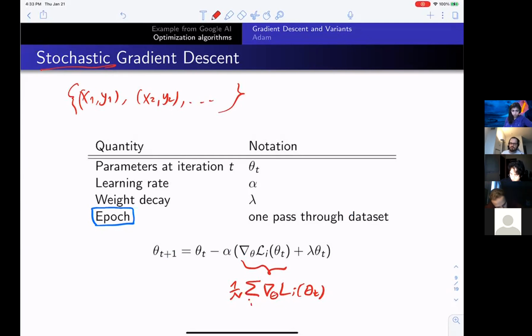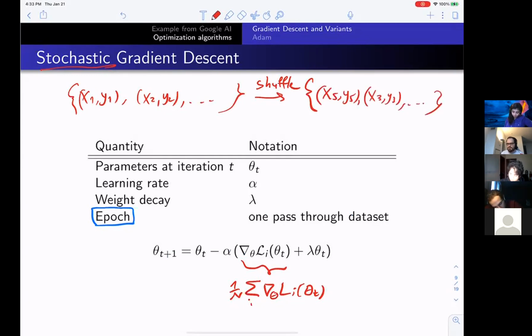Then in practice, what you do is you shuffle, apply a permutation, and then after the shuffling, let's say you get x5, y5, x3, y3, etc. And then you just take this first pair and you use it in the first gradient step. Then you take the second pair, you use it in the second gradient step, and so on.